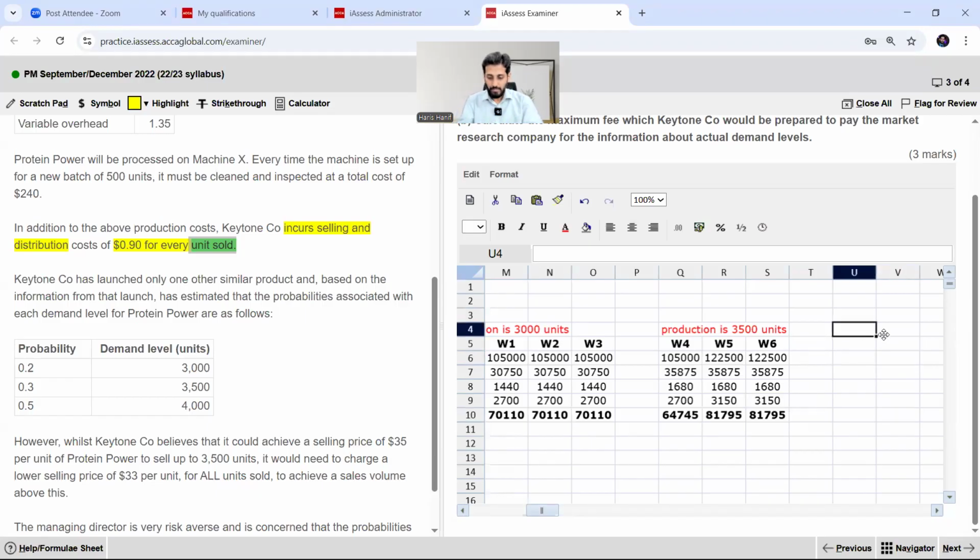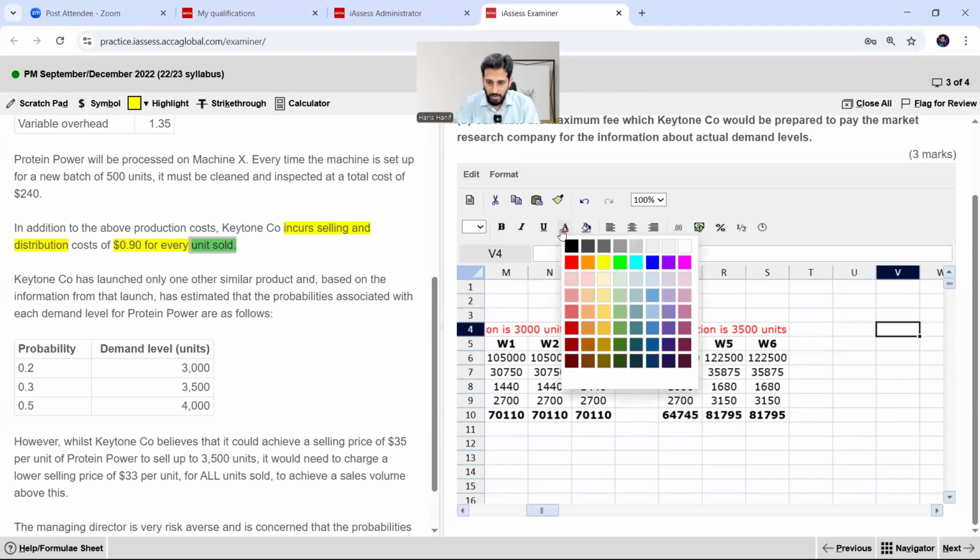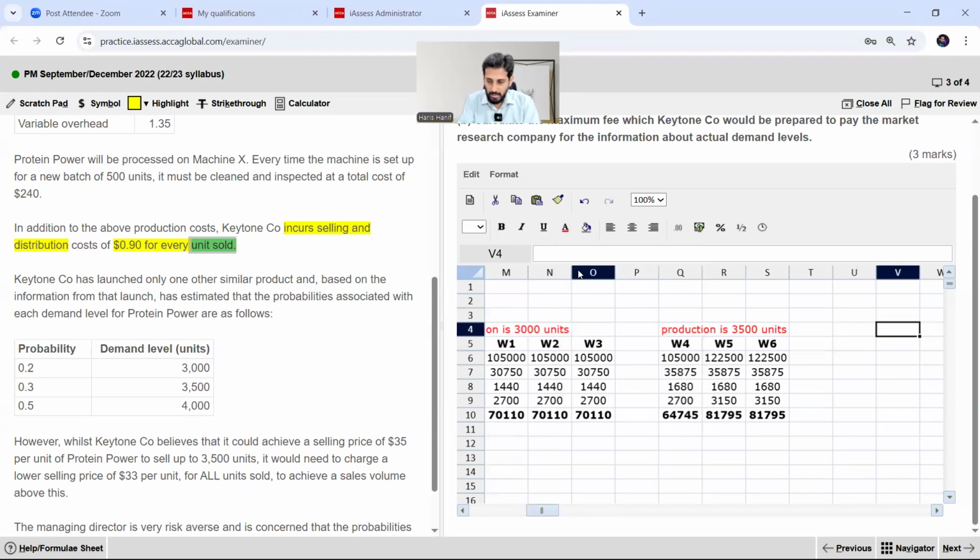Right now, for the next one, the production is 4,000 units.